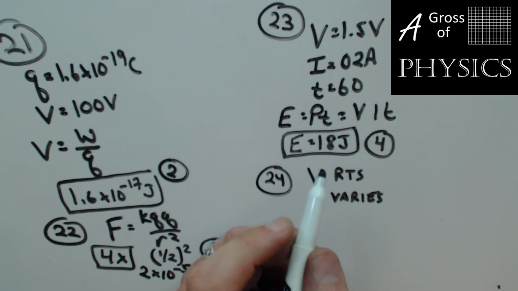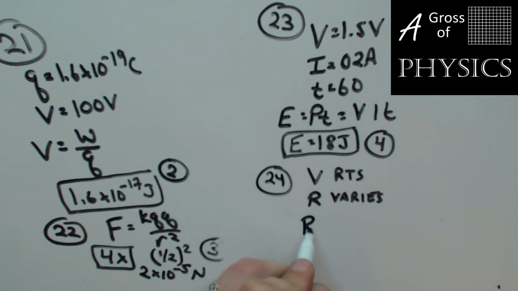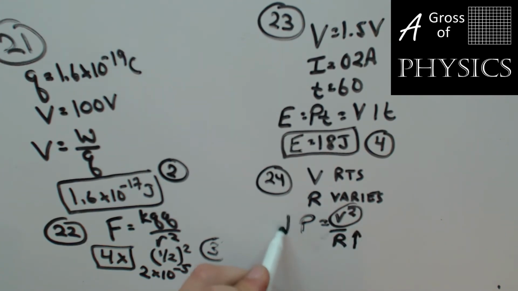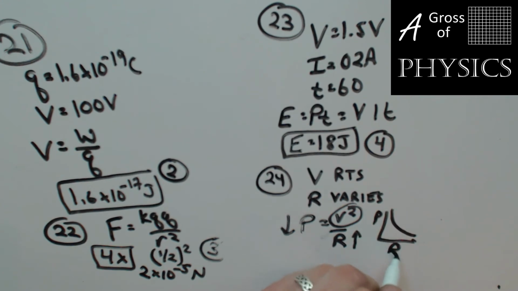So if V stays the same, we have P equals V squared over R. So if V is constant, as the resistance goes up, the power goes down. So that's an inverse relationship. So that's going to be a curve like this. Power, resistance, and that's going to be choice 2.